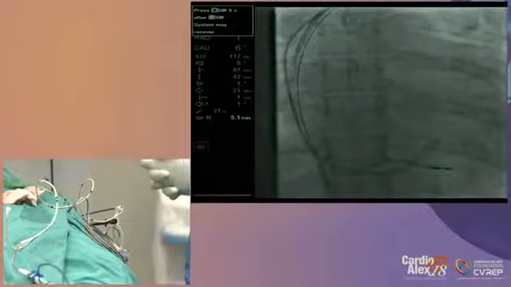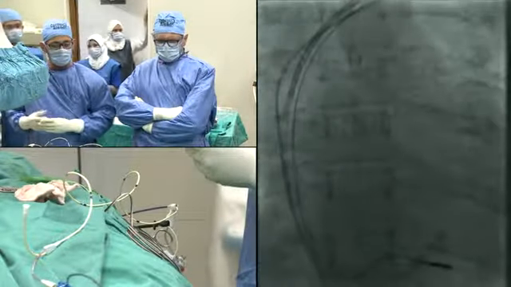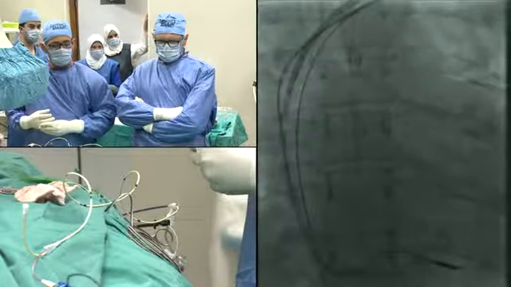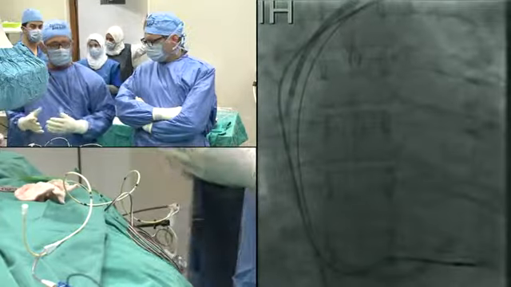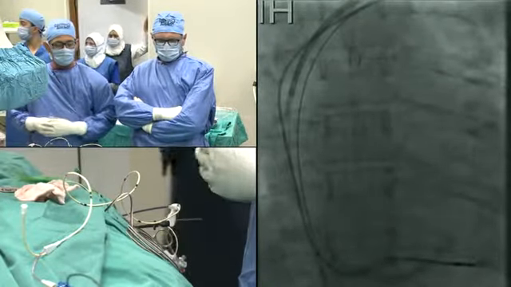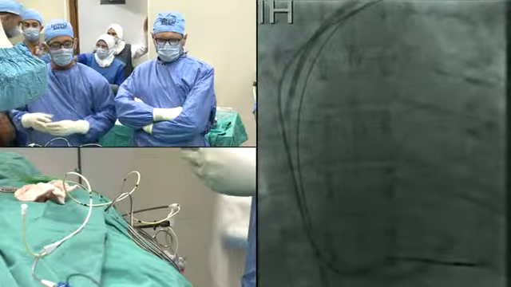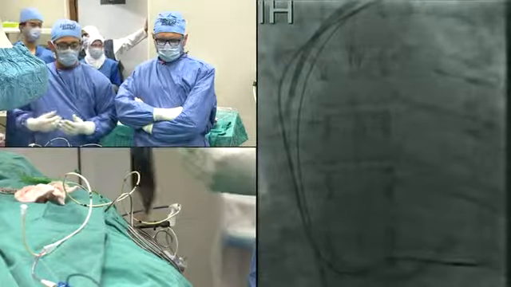First, we typically use 10 milliliters of contrast. Sometimes we dilute it with another 10 of saline. The typical projection is the AP projection, direct AP. If we are not sure about the origin of the tributaries of the CS, we use LAO or RAO views.